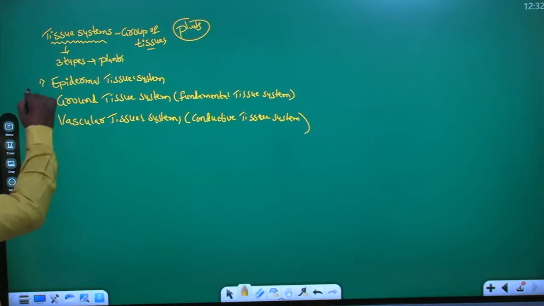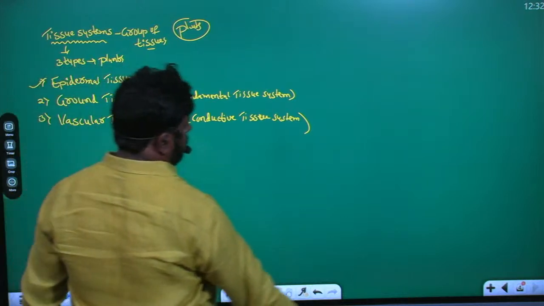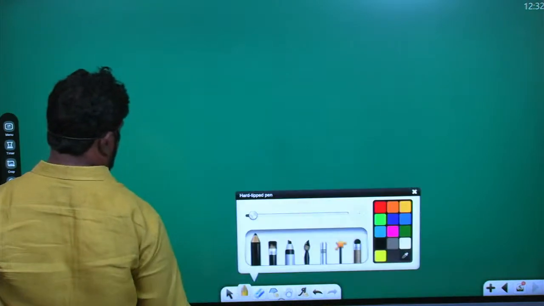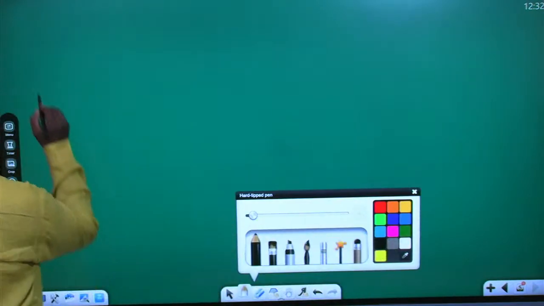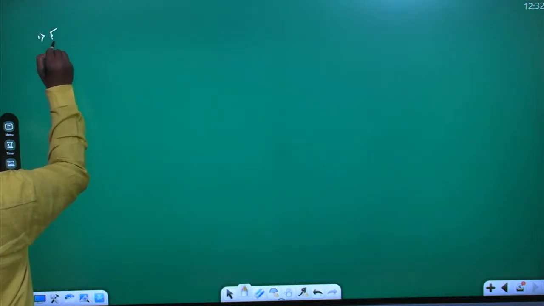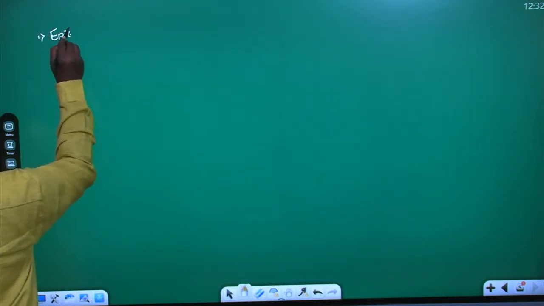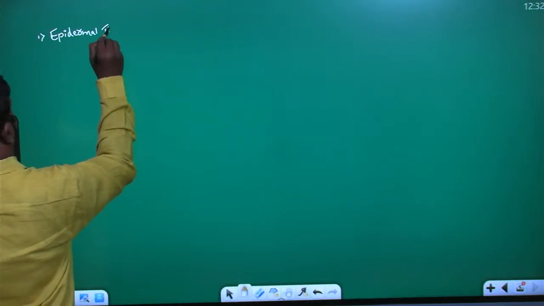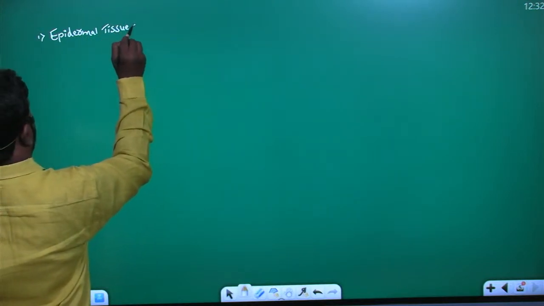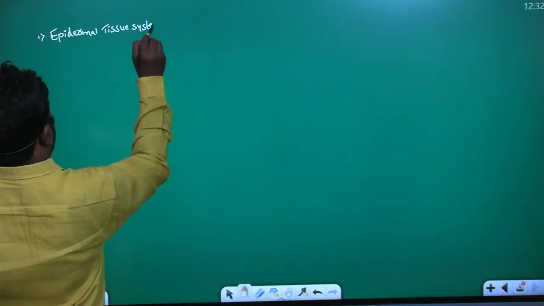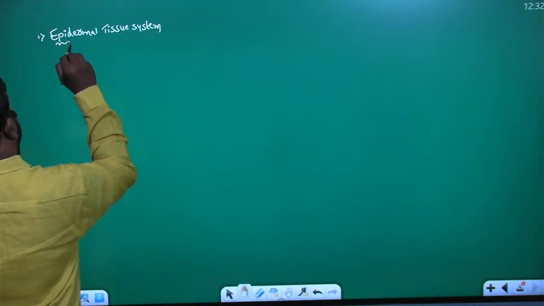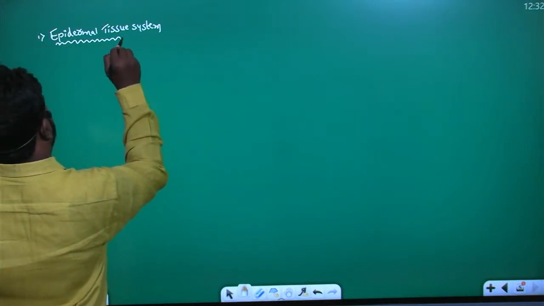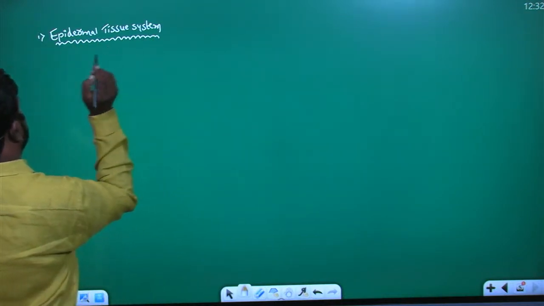So first we start with the epidermal tissue system. There are three types of tissue systems, and the first one is the epidermal tissue system.